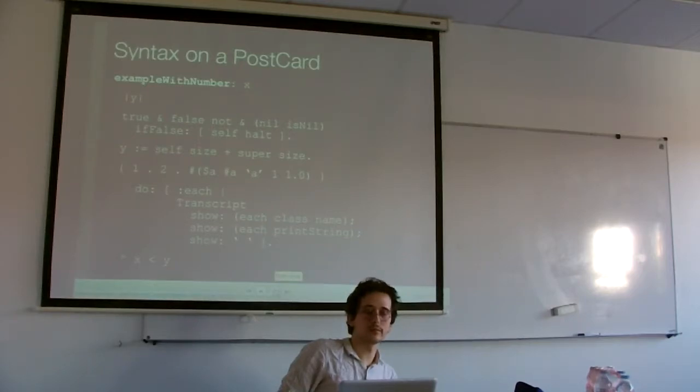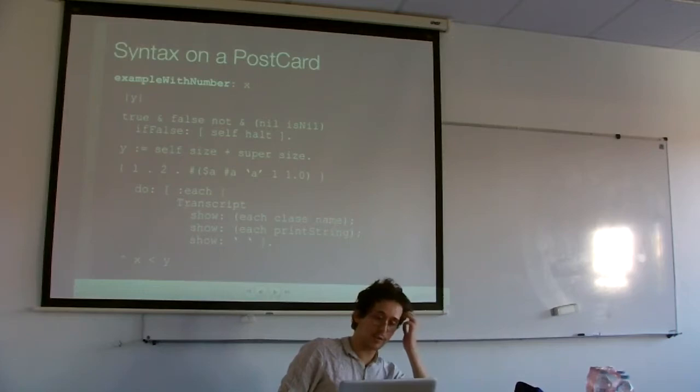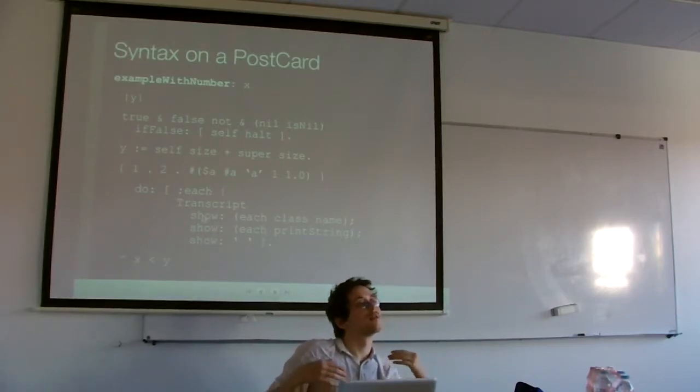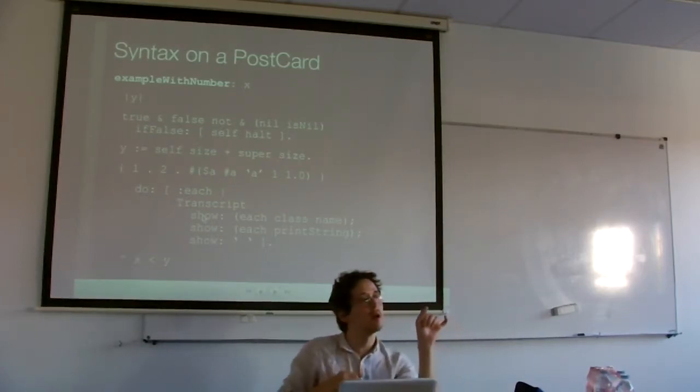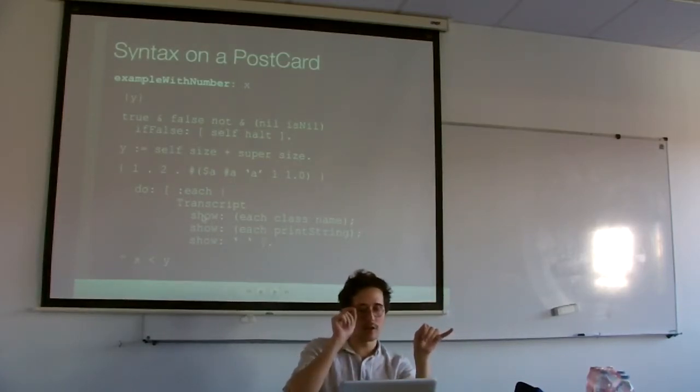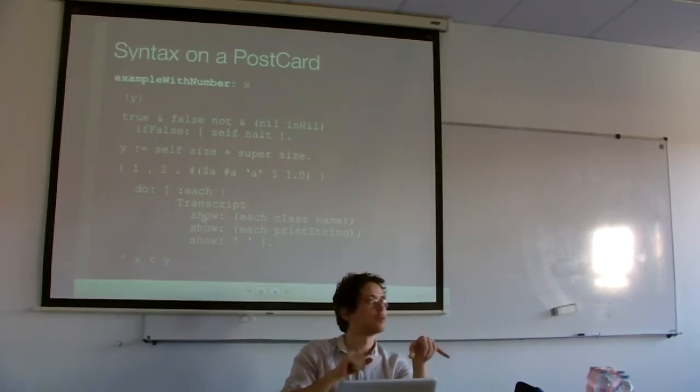The cascade also. The cascade, yes. So that's a special syntax element. Sometimes when you want to send several messages to the same object in another language, you will repeat this object in several expressions. So you say, my object do this, my object do that, my object do that. There is a special syntax in Smalltalk for that, and you say, my object do this, semicolon, do that, semicolon, do that, semicolon.